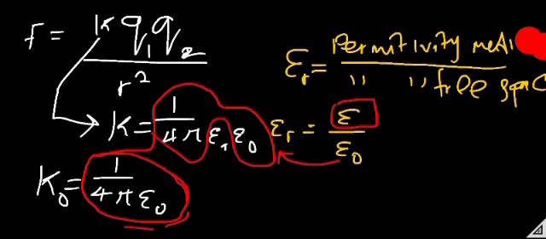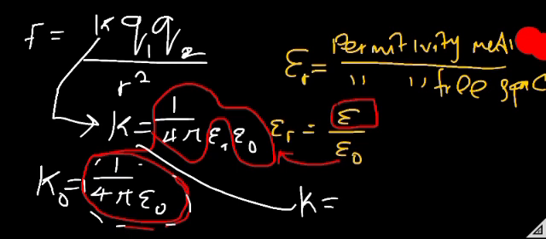So what happens is that this 4 pi epsilon naught is the same thing as k, which means everything that I just circled can be replaced by k naught. Is that correct? So which means that this k here will now be equal to k naught over what is remaining here, epsilon subscript r.